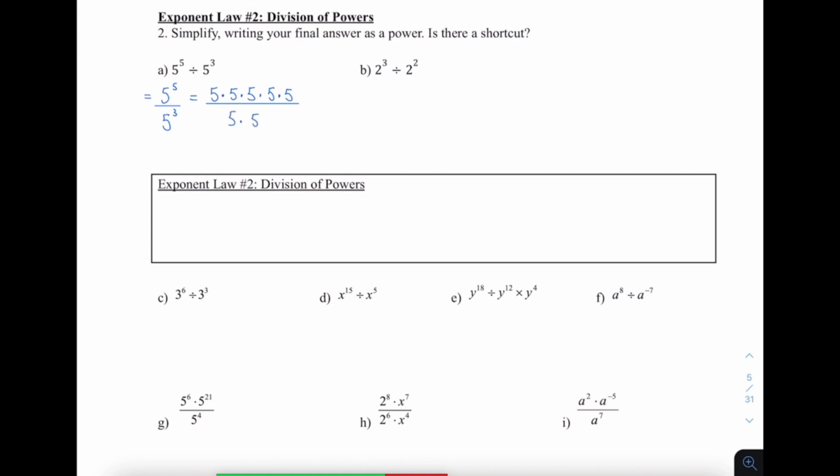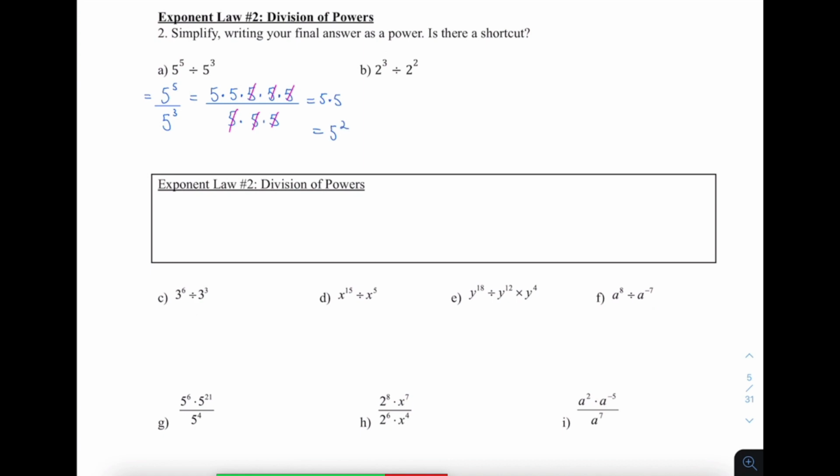To simplify this, I can just make cancellations. The 3 5s in the bottom cancel with 3 of the 5s in the numerator, leaving 2 of them behind.